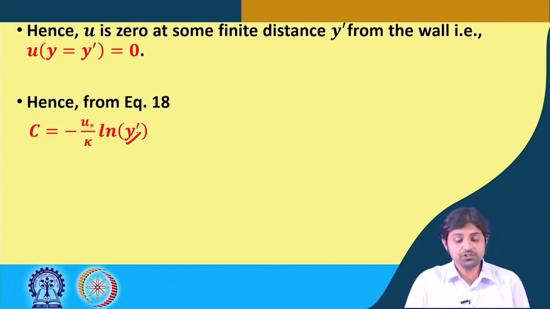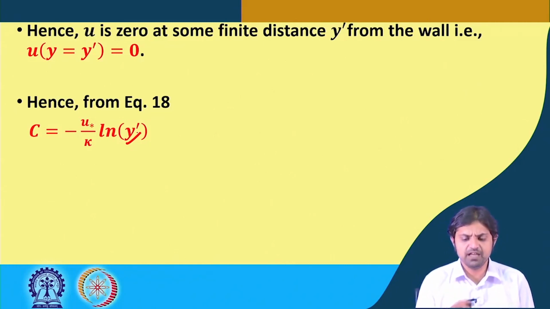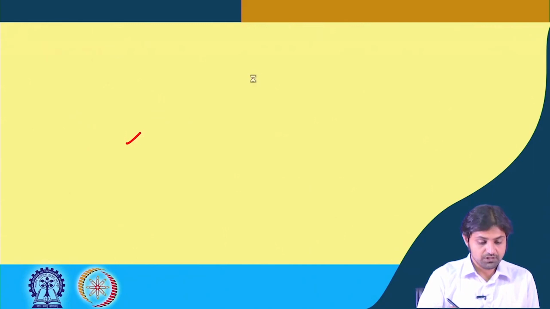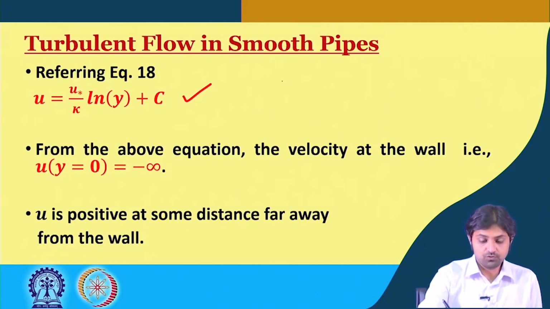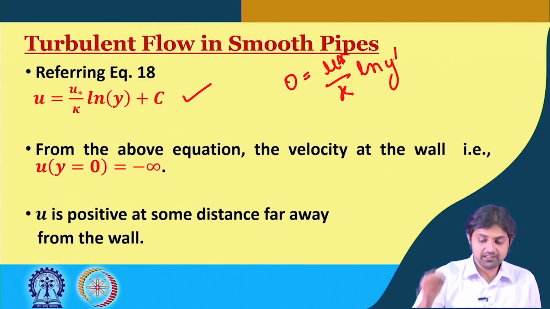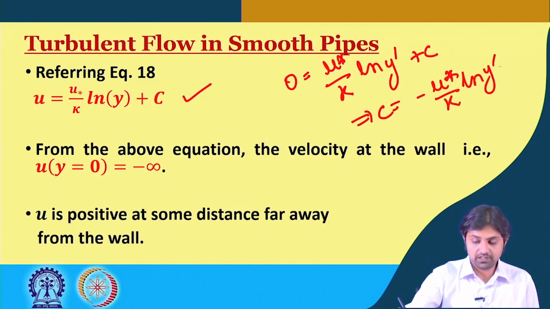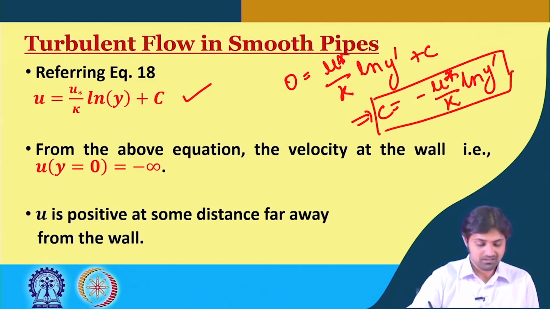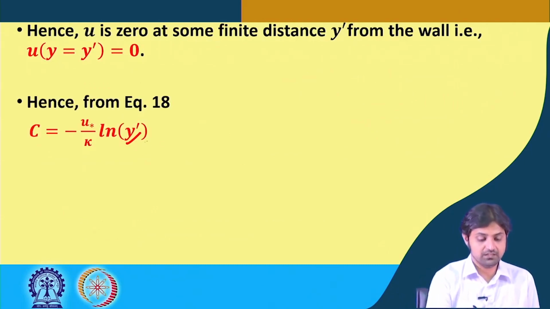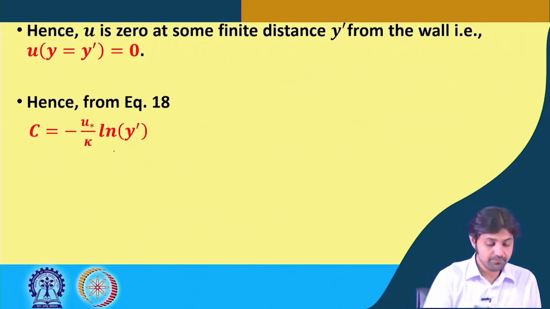Therefore, we assume that u is 0 at some finite distance y prime from the wall: u star by kappa ln y prime, plus c, equals 0. Therefore, c will be minus u star by kappa ln y prime.